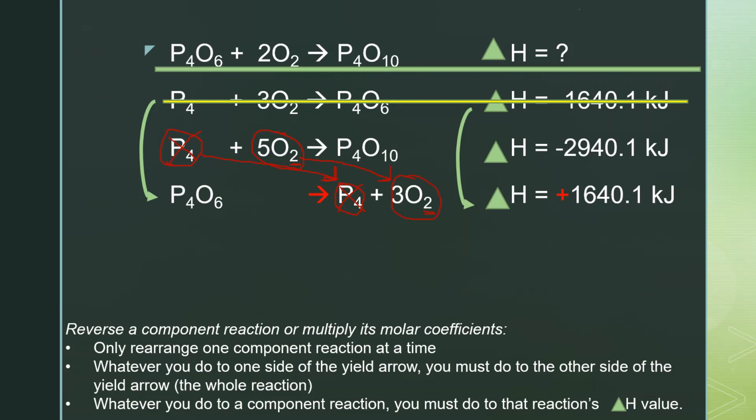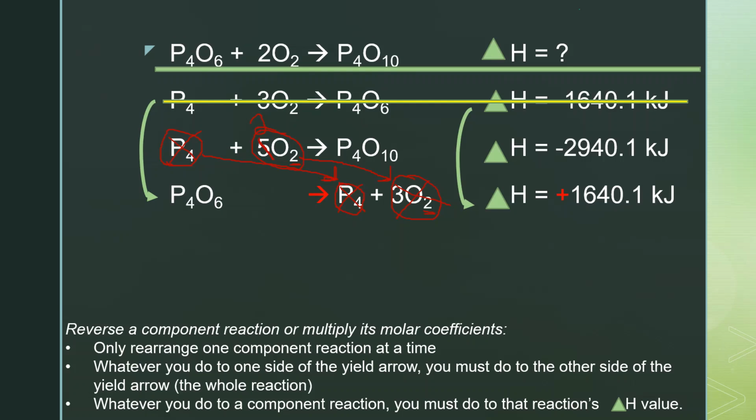Do you see how there's 5 O2s up here and 3 O2s down here? So this 3 O2 will cancel out completely. And this 5, we took 3 of them away, so now this 5 O2 is just 2 O2, just 2 oxygens. Do you see that? We canceled out this 3 O2 completely.